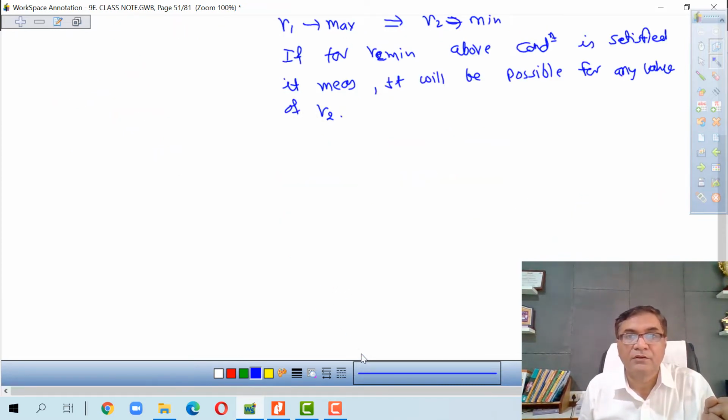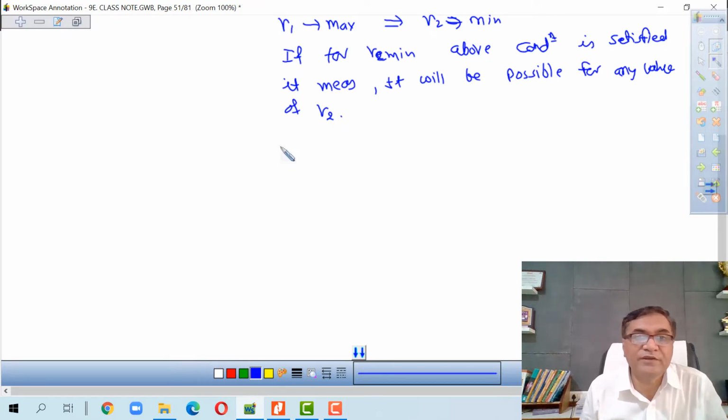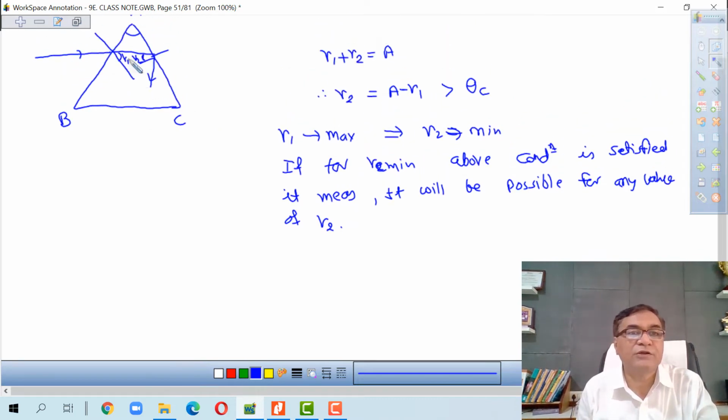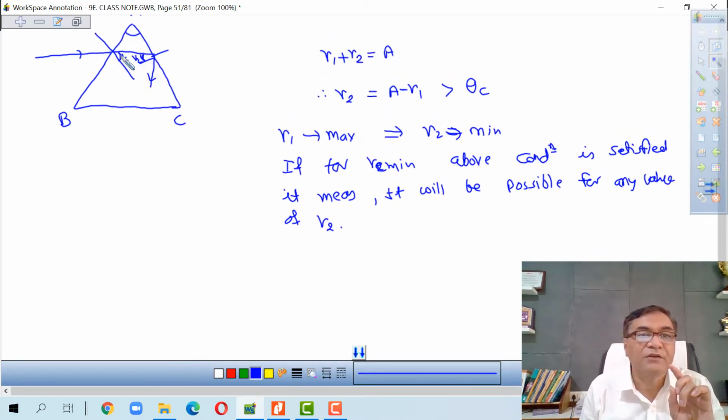Okay. So when you get R2 maximum, so R1 is maximum, R2 is minimum.